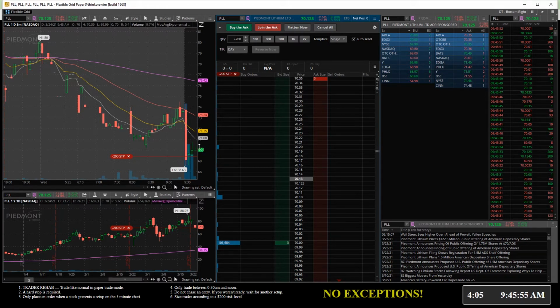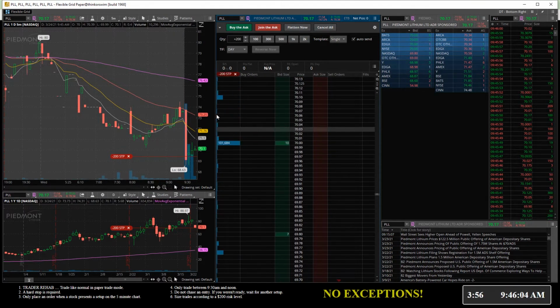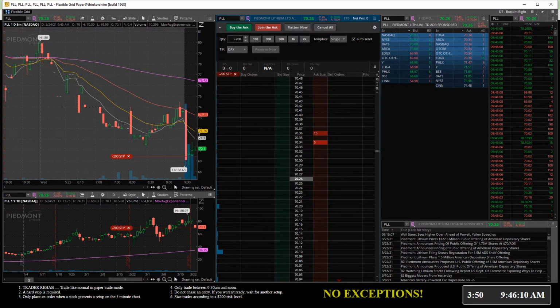I have sized my trade accordingly. I've got a 200 share trade because my stop is about $1, and I'm risking 200 bucks on this.